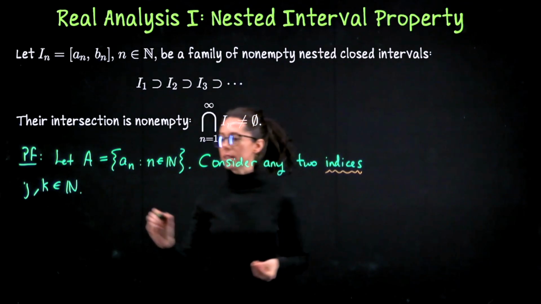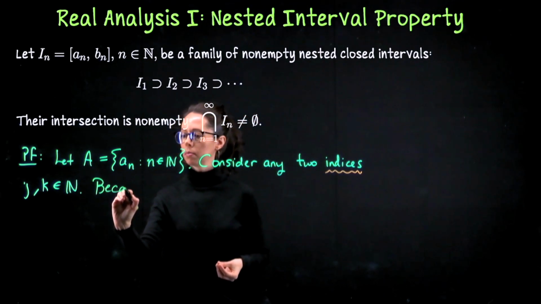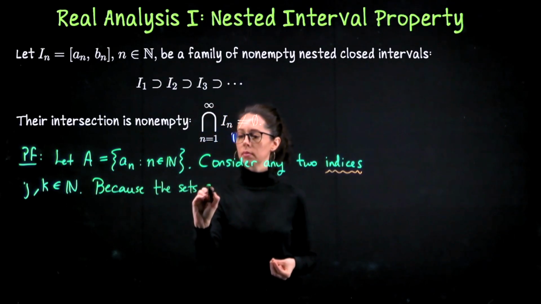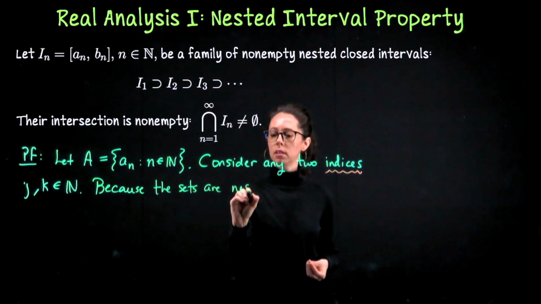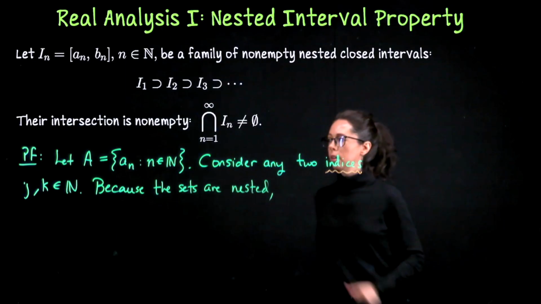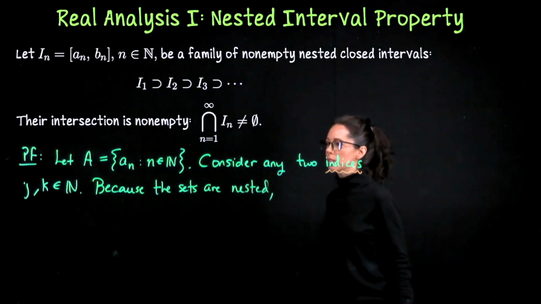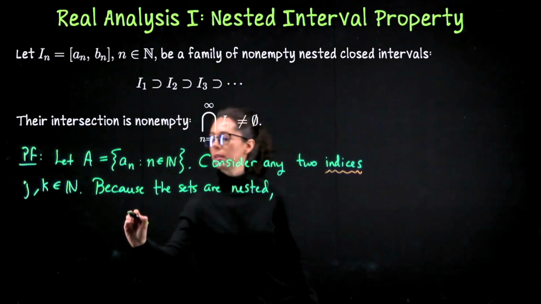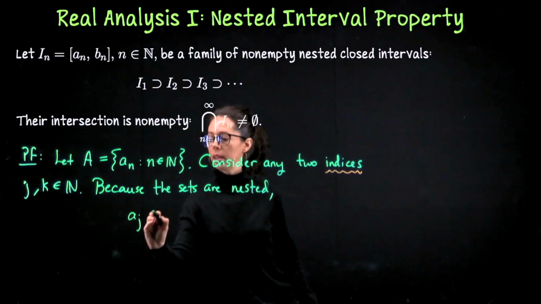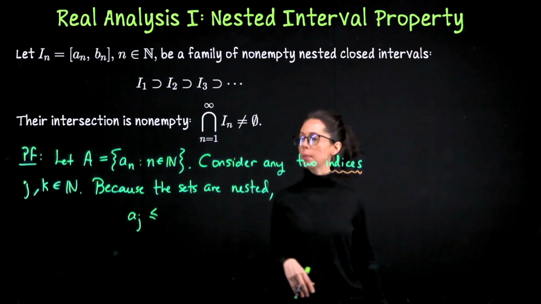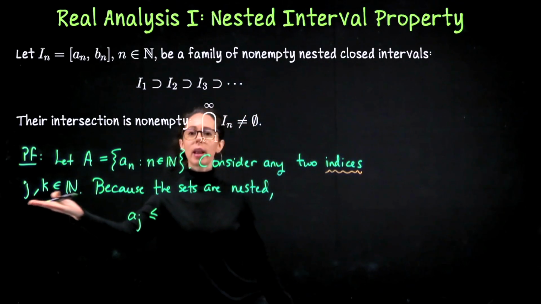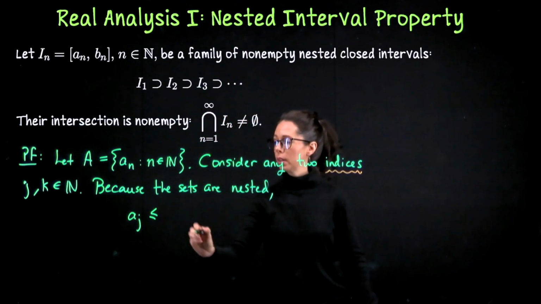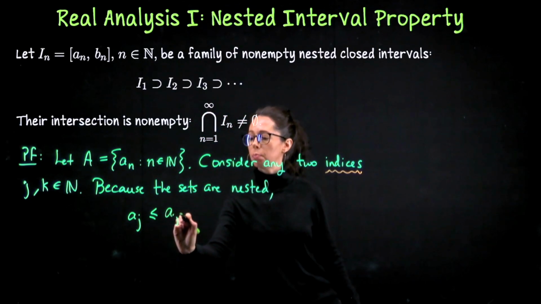Because the sets are nested, here's the trick. I'm going to start with A sub j and say that A sub j is less than or equal to A sub j plus k, because whatever these are, I don't know which one is bigger, I don't care, their sum is bigger.